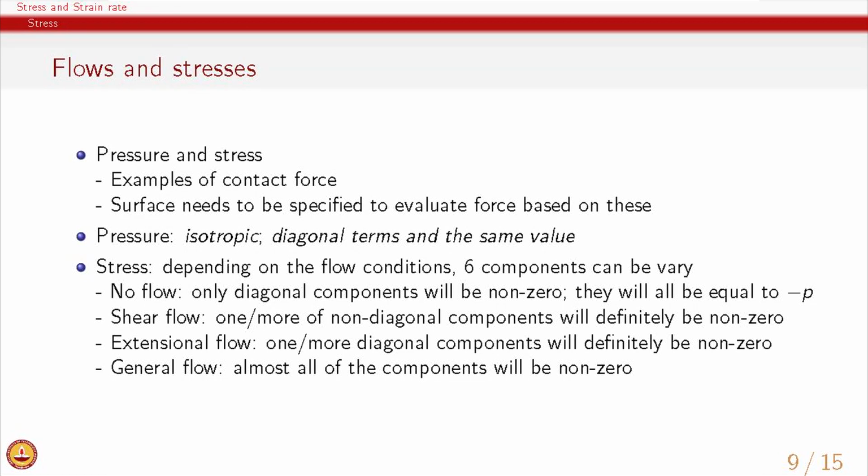So, sometimes we will say that the general flow is a combination of shear and extensional flow, because in lab situations to understand rheology, we first subject the material to maybe extensional flow and then subject it to shear flow and then try to arrive at an understanding. Then we say that general flow is a combination of those. Can we combine this understanding and then try to explain the behavior in the most general case.